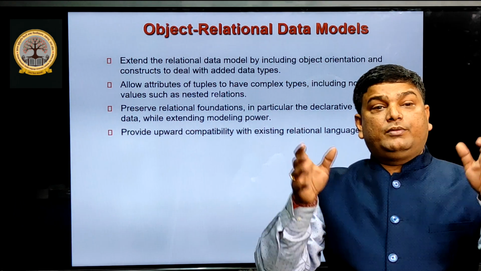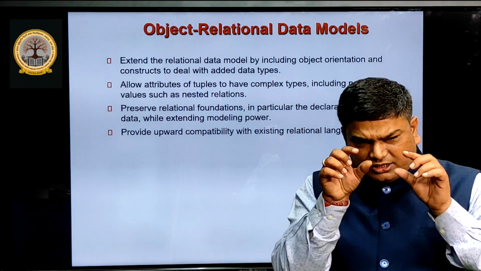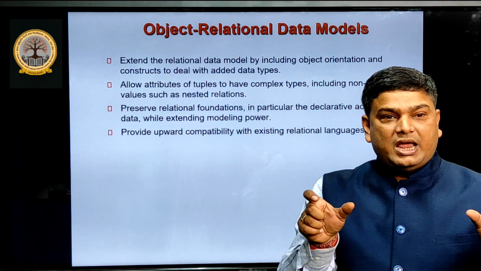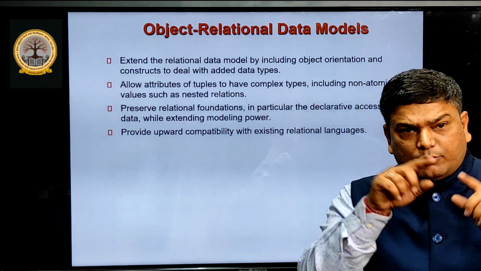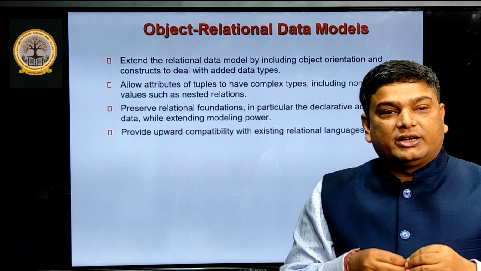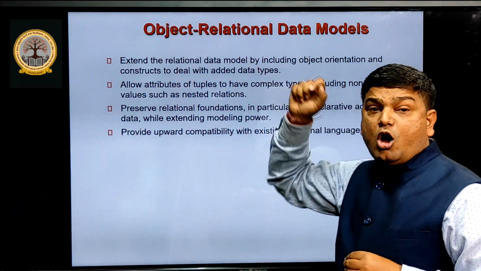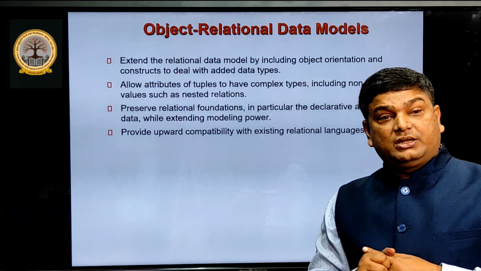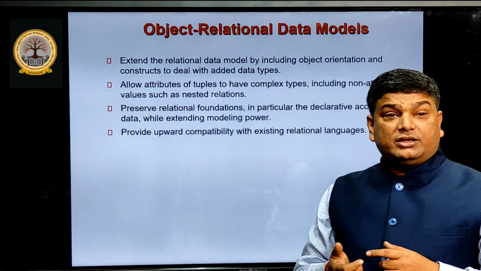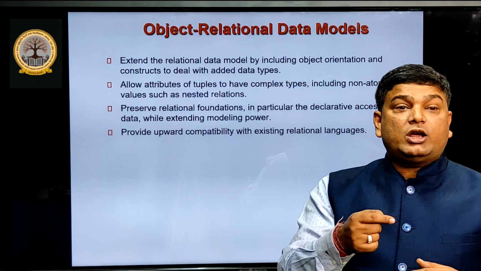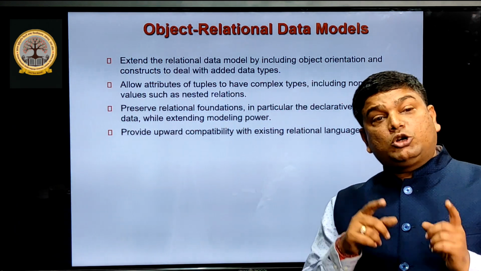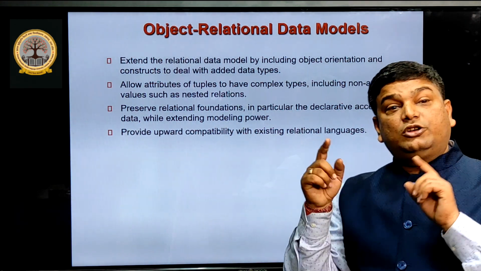Suppose any large problem comes, then it is divided into subgroups, and the subgroups are connected to each other. This concept is called the object oriented concept. Second, the relational concept follows a structural approach, a top to bottom approach, but object relational models are a combination of both.